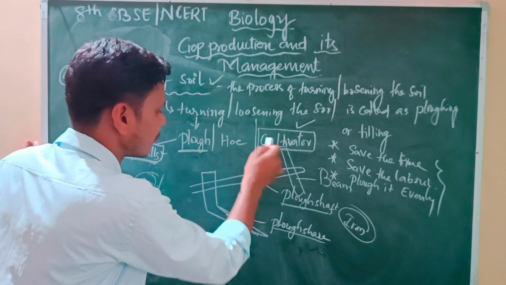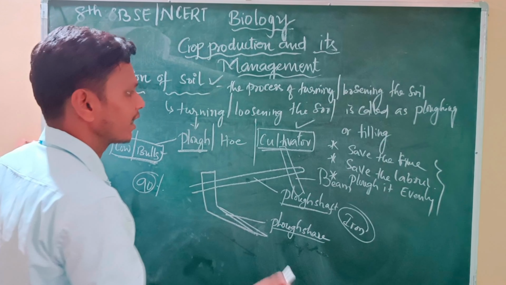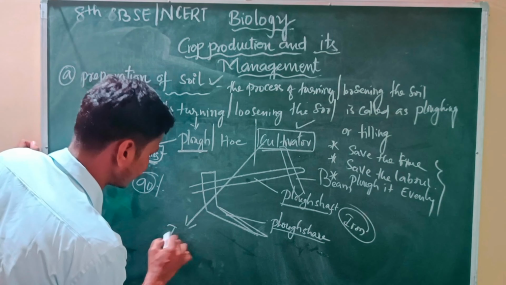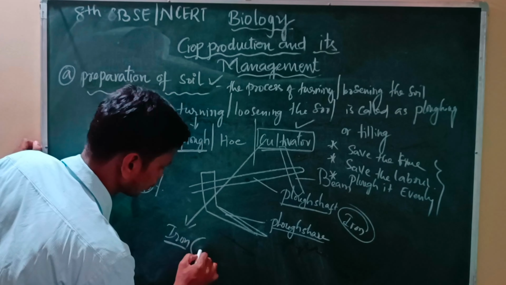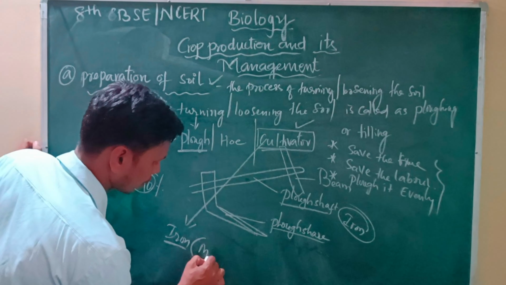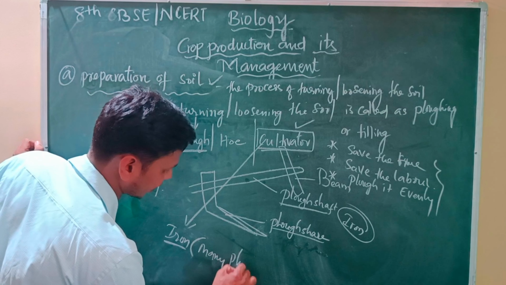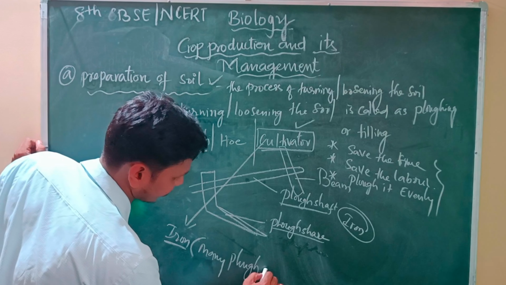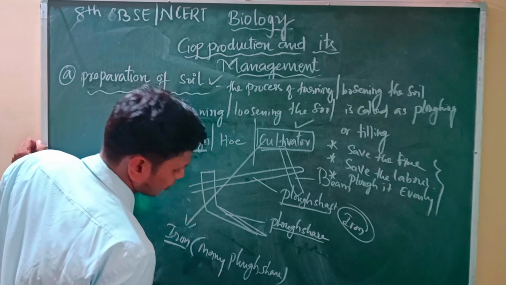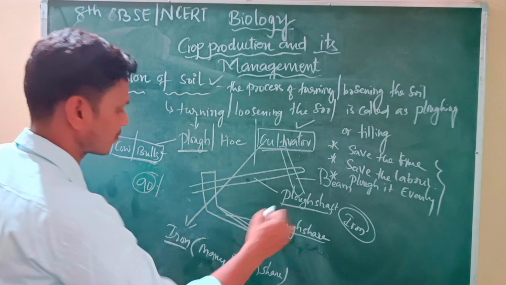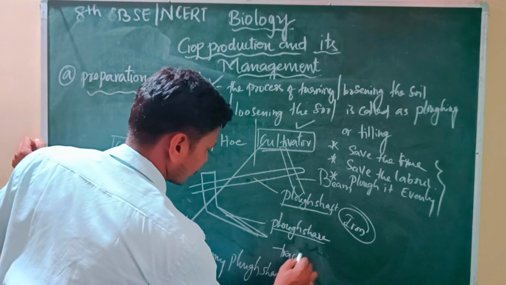So the cultivator is completely made up of iron. Instead of one plow share, you are going to find many plow shares in it, and it is driven by a tractor.